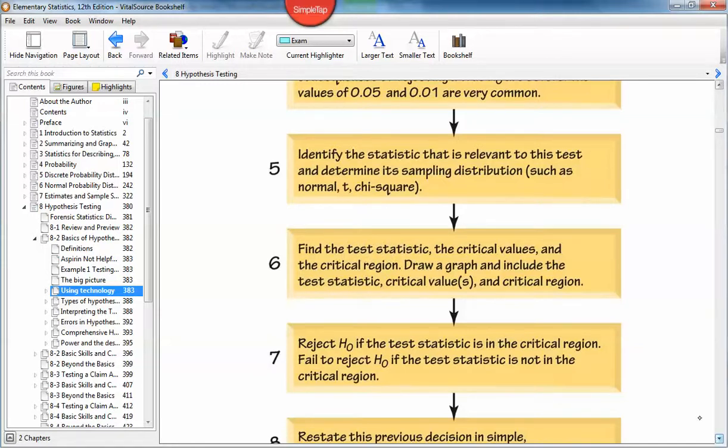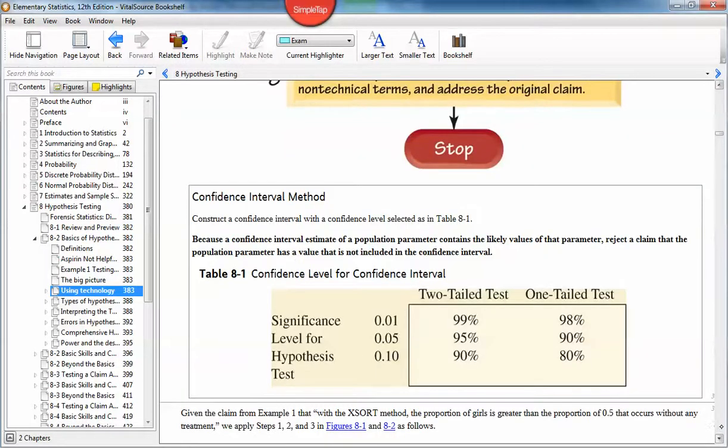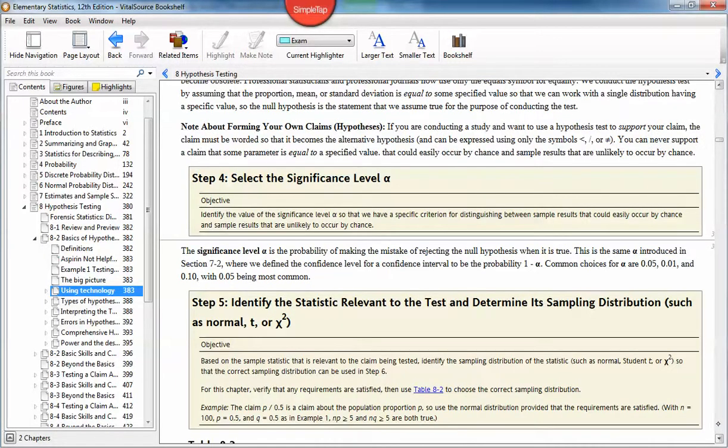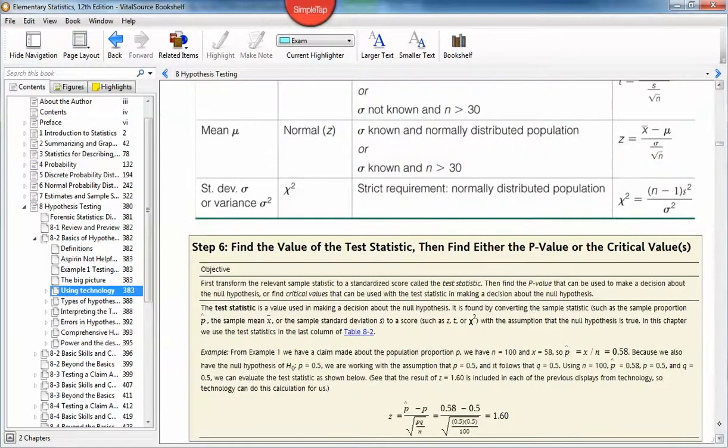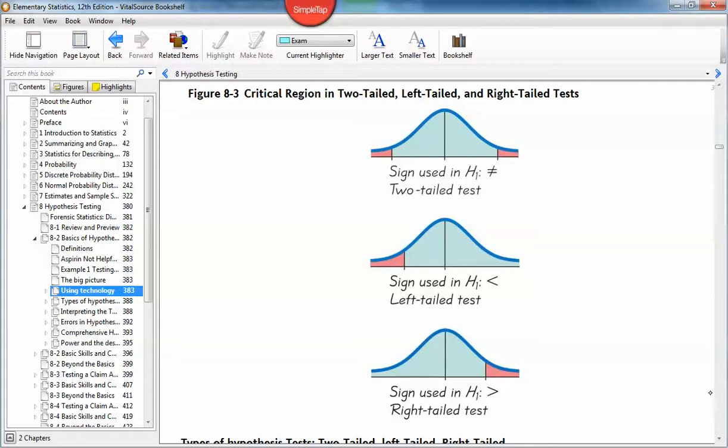After you find the test statistic and the critical values, then you have to decide, do I want to use the p-value method or the critical value method? You don't even have to find the critical values to use the p-value method. But there is a little drawback about the p-value method: how do you find the p-value? That's going to depend on a couple of different things, and there is another table for how to find the actual p-value.